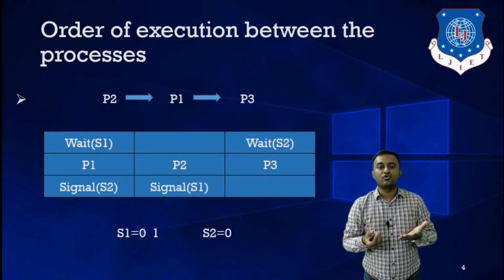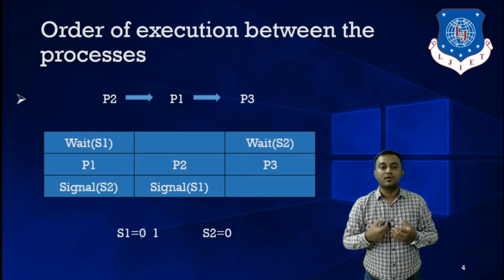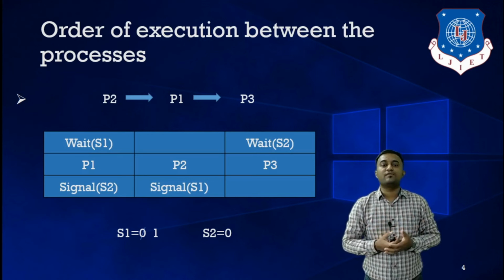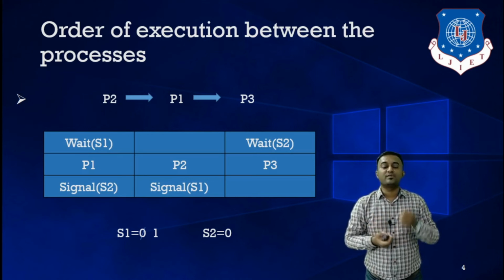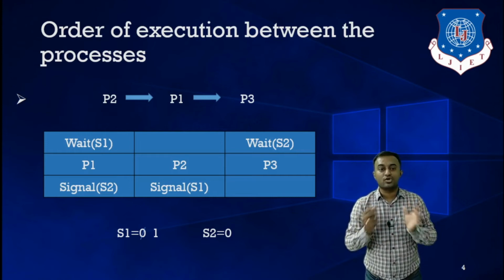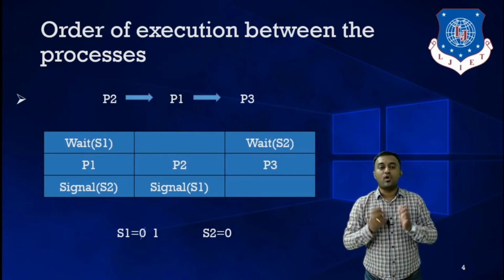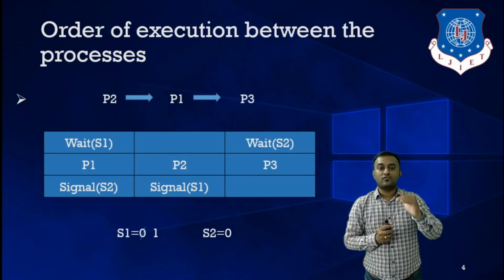If I want to execute the P2, P1 and P3 sequence, but the operating system wants to execute P1 first, that cannot happen, because if P1 wants to execute its task, what does it need to do? First of all it needs to execute wait.